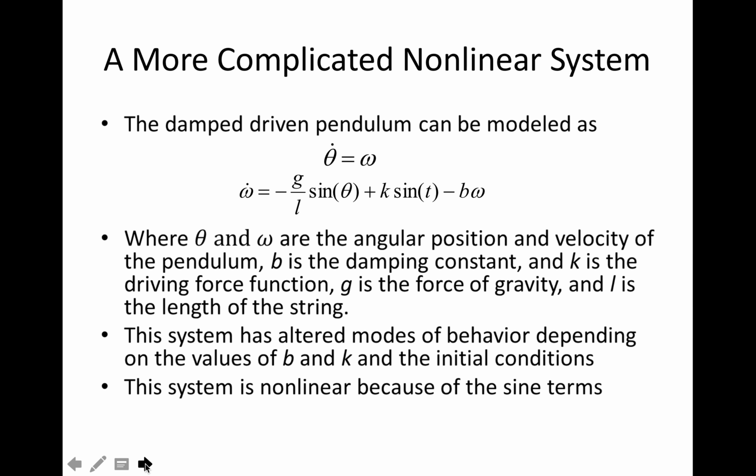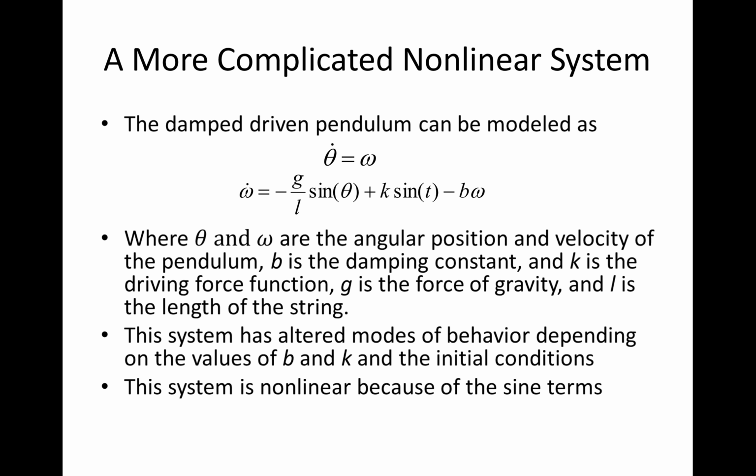A little more complicated system is a damped driven pendulum. And so here, theta and omega would be the angular position and velocity of a pendulum. And so obviously omega is the first derivative of the position with respect to time, the angle with respect to time.